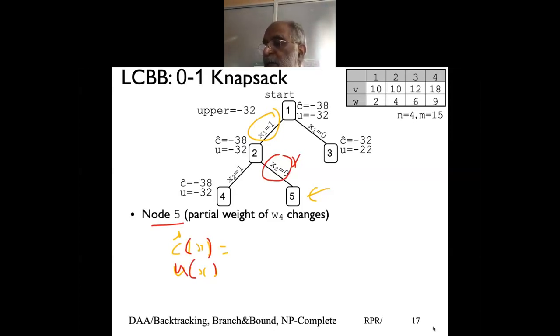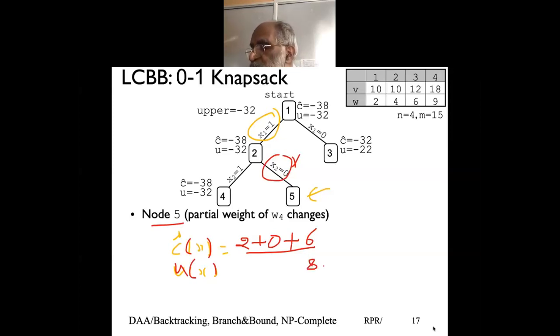Look at what we have done. We already said we will include the first item, that means weight 2. We are excluding this item, so we are not including that weight. And then my maximum capacity is 15, so I include 6. This gives me a weight of 8.